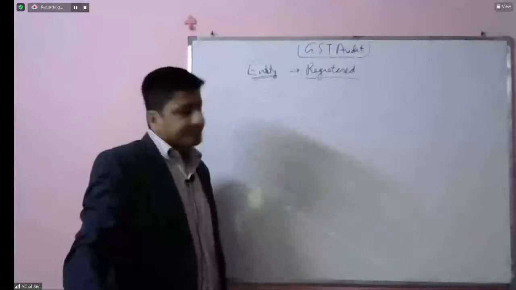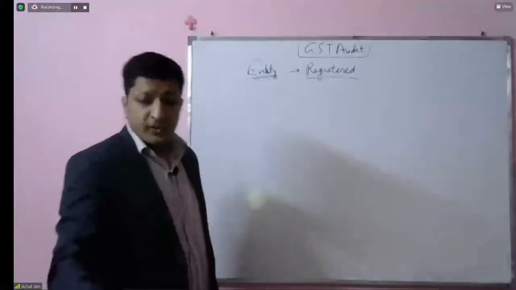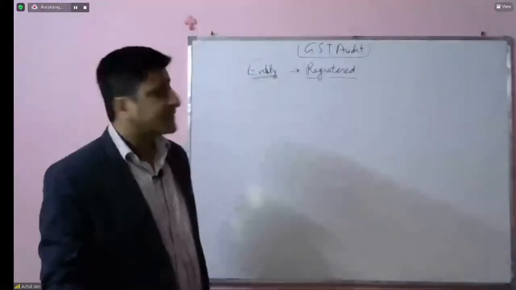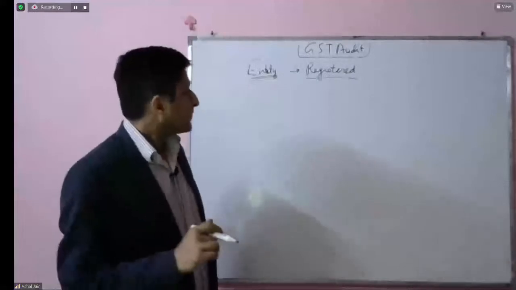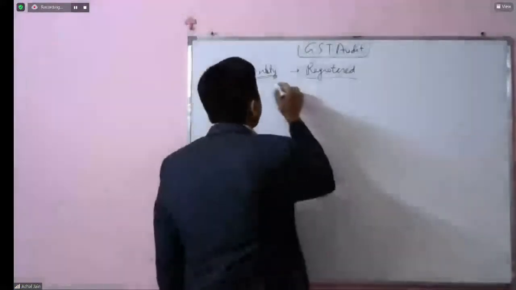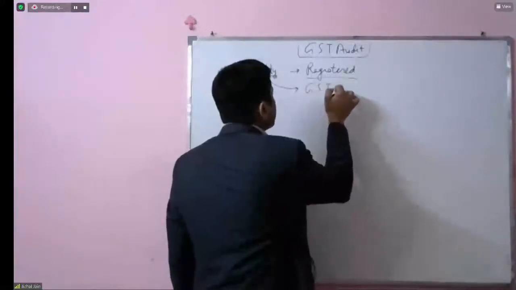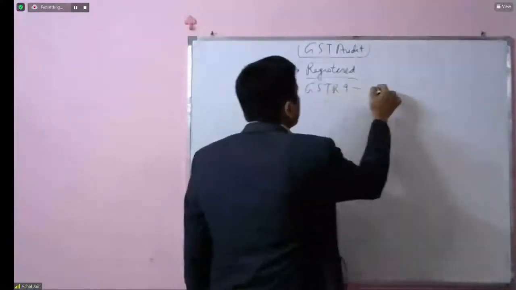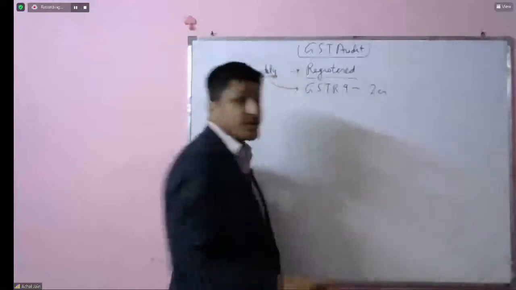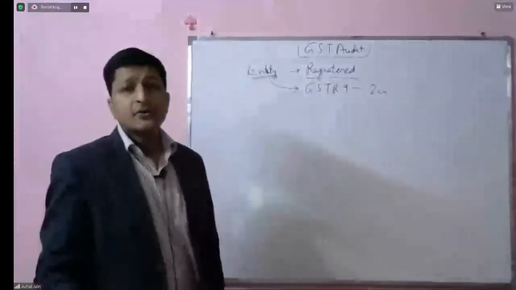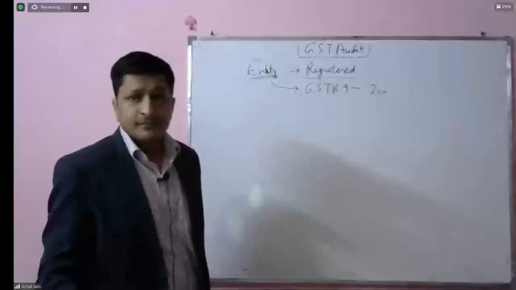Okay. Now, as around the thresholds, let's understand the thresholds first of all. For an entity to file GSTR 9, the threshold is turnover, and the turnover should be 2 crore or above.